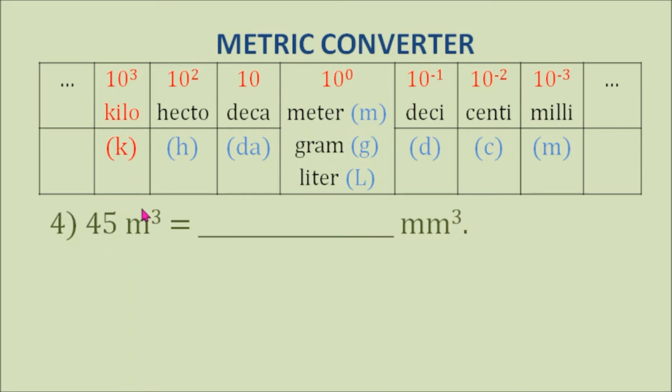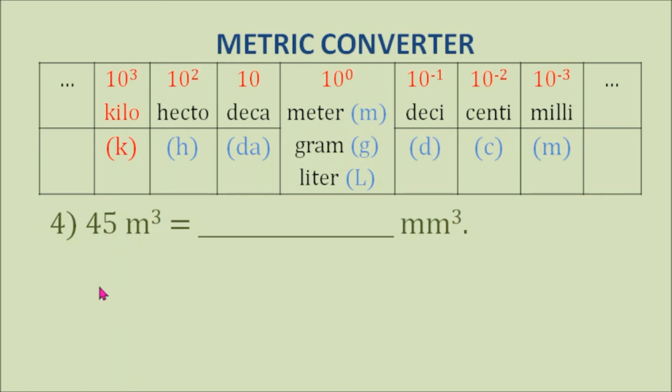45 meters cubed equals how many millimeters cubed? Let us remember that aside from liter, we also have metric units of length to the power of 3 as additional metric units for volume.